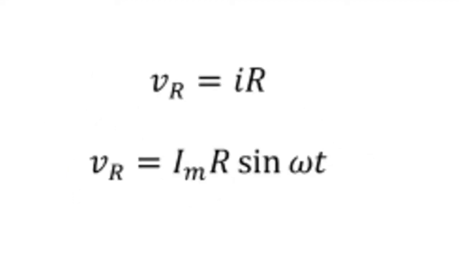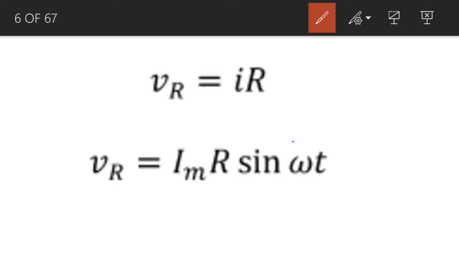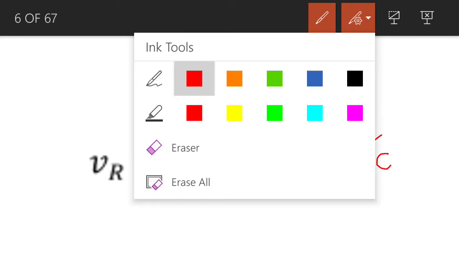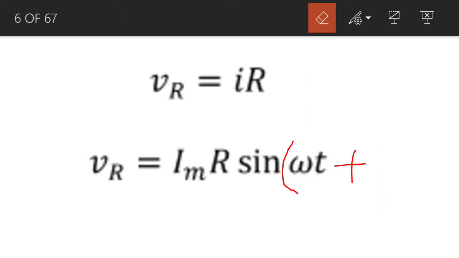You see, we can write down the equation for the voltage across the resistor in this form as well: omega t plus 0, and this 0 is known as the phase angle of the voltage across the resistor. So the phase angle of the voltage across the resistor is 0.